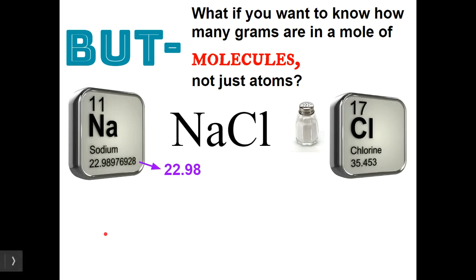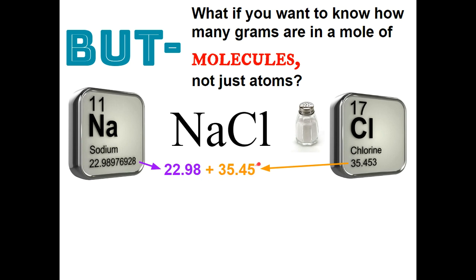So if we look on our periodic table, we can see that sodium's atomic mass is 22.98 and chlorine's is 35.45 about. Okay, so we add those two together because you've got one of these and one of these. So one of these weighs this much, one of the chlorines weighs this much. Okay, that's how many grams in a mole of these.